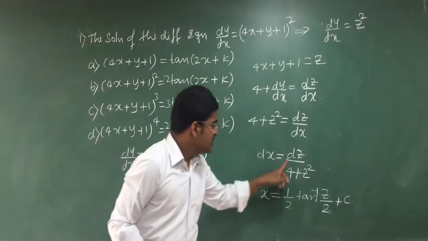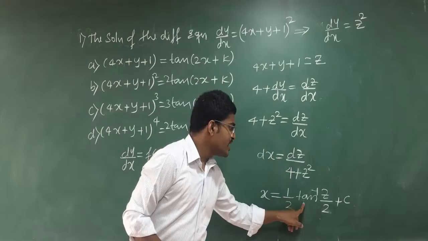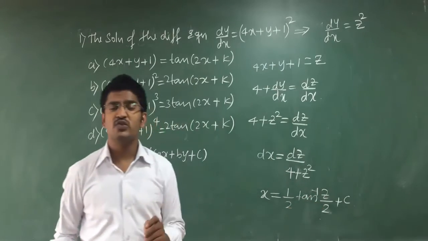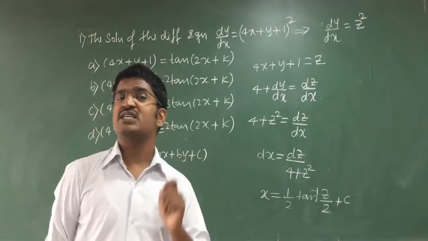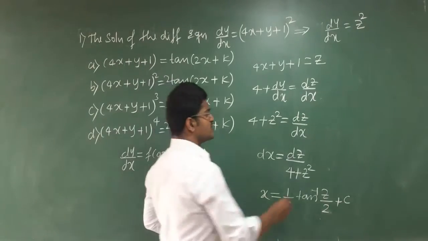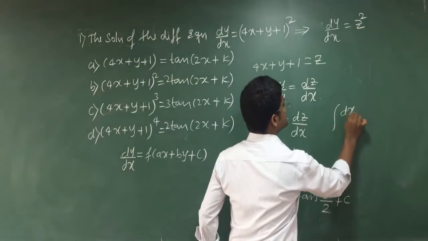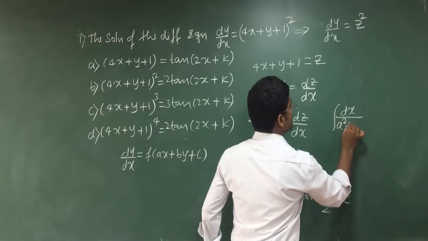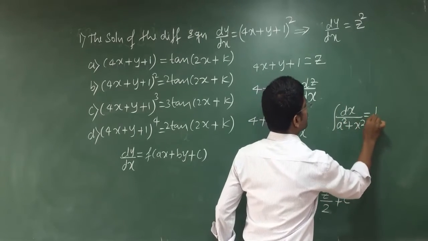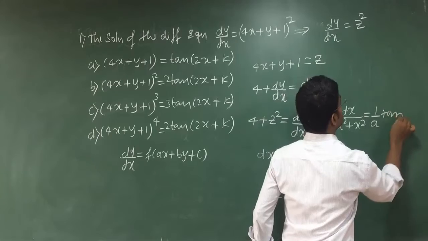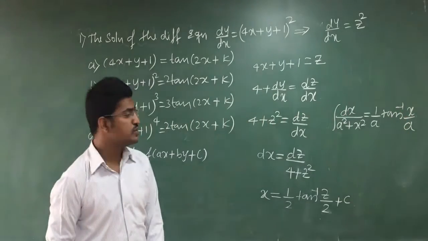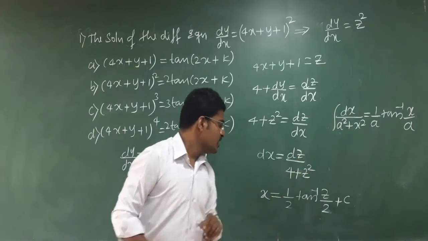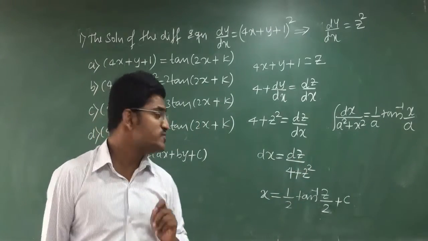So see here, you have to use the formula of integration of dx divided by a square plus x square, that is equal to 1 by a tan inverse of x by a. So if you use this formula here, it will be 1 by 2 tan inverse of z by 2 plus c.